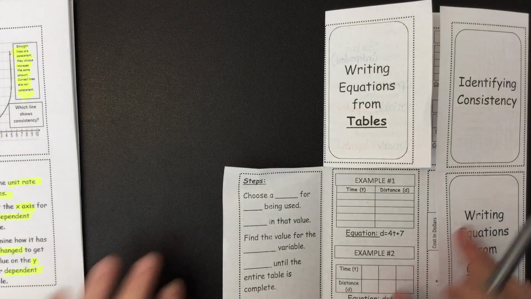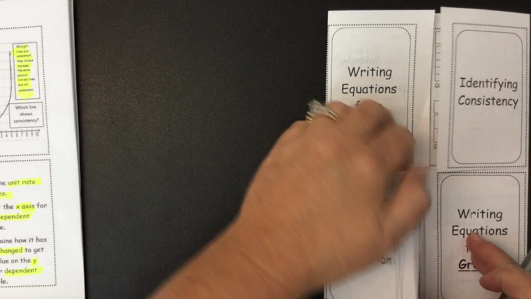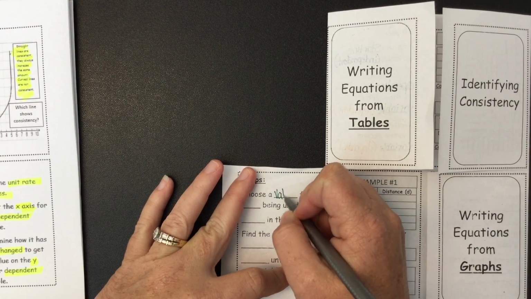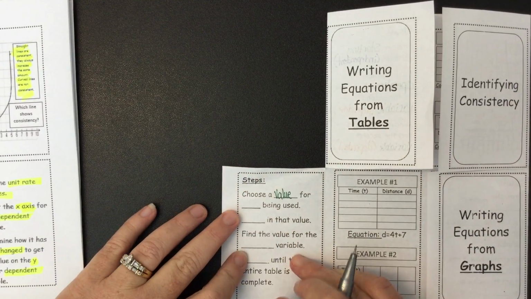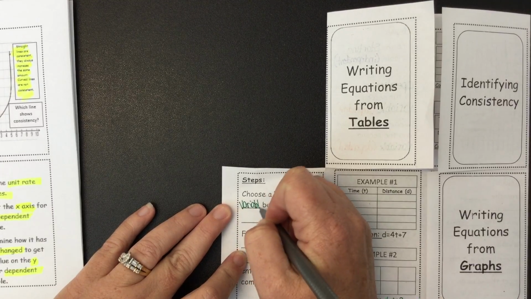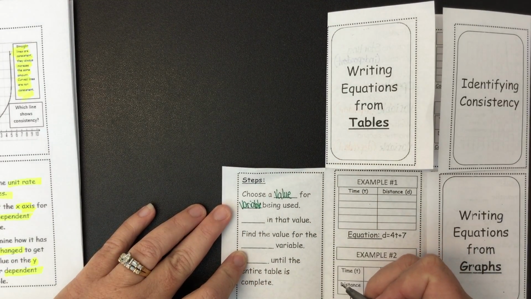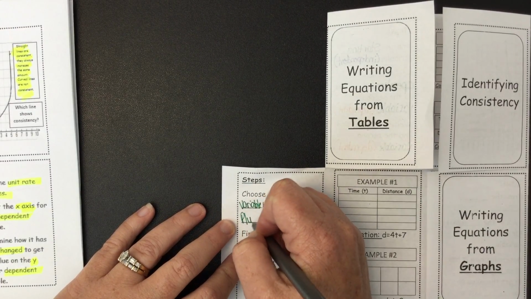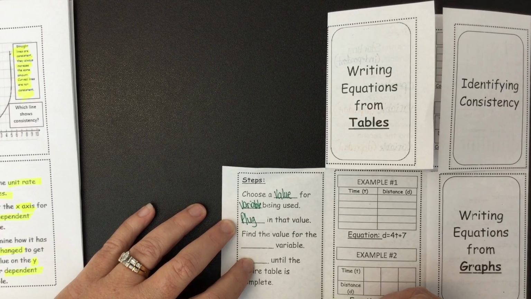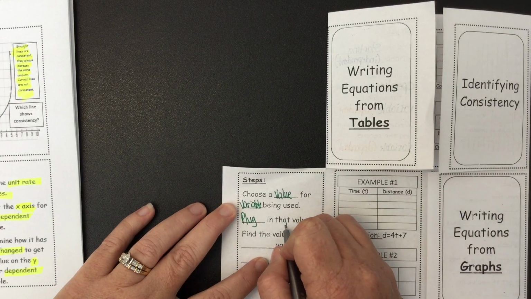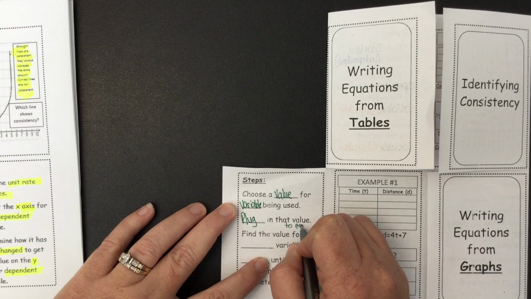All right, so when I make a table from an equation, the first step is I'm going to choose a value for my variable. Then I'm going to plug that value in. I'm actually going to add to this: plug in the value to equation.